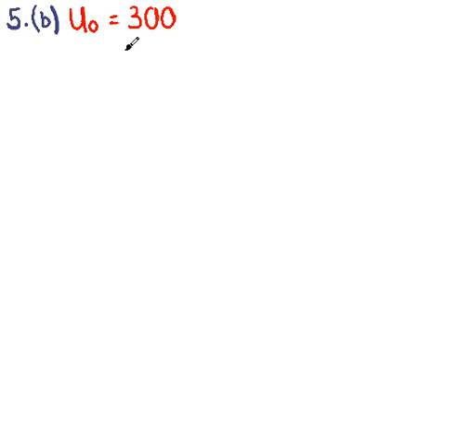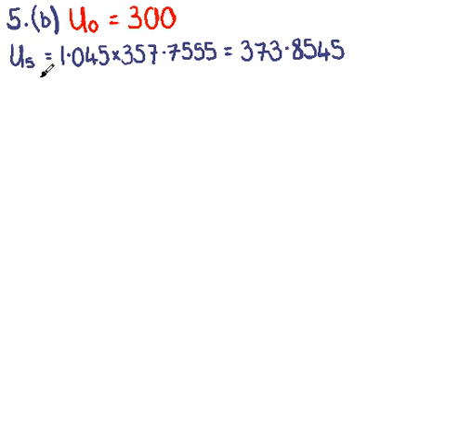So there's a couple of ways to do this. If we think back to part A, we worked out U1, the investment value after 1 year, U2, U3, U4 and U5. We can continue on in this vein. So what we have here on screen is the tail end of part A. U5, the investment value after 5 years was 1.045 multiplied by the previous year's total, so that was U4.